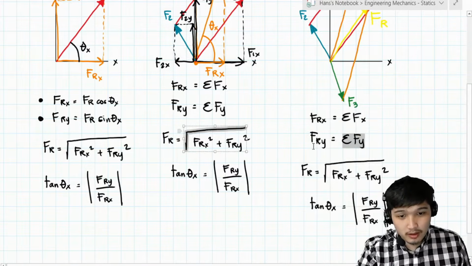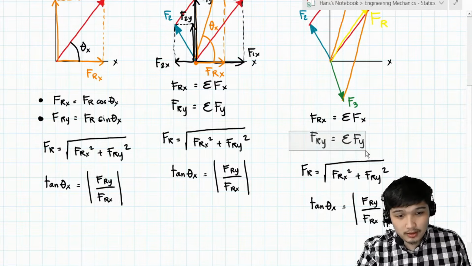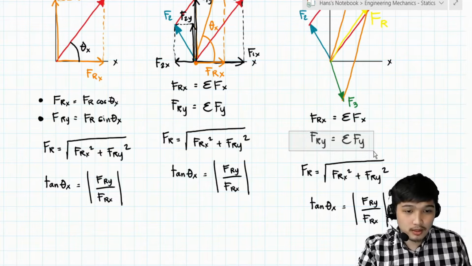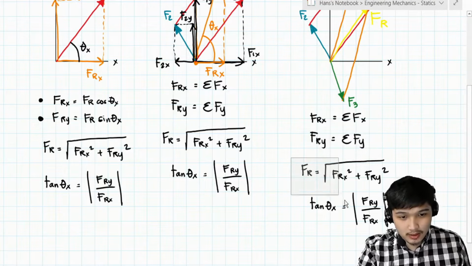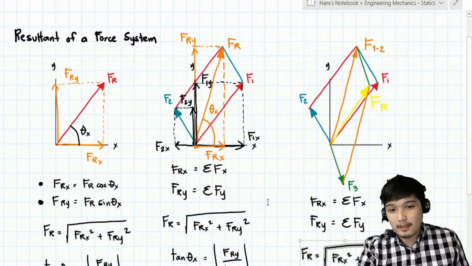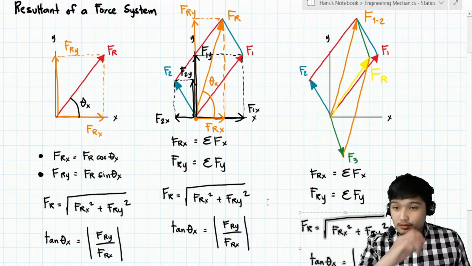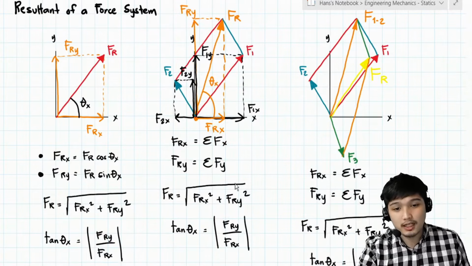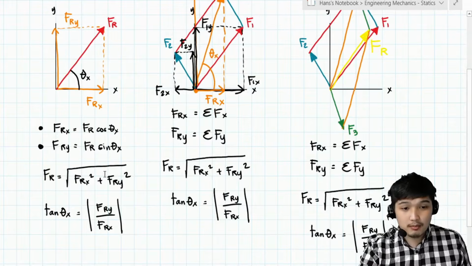The same with the vertical. So, yung vertical component ng resultant is just the summation of all forces along y, considering the direction, and then the same with this one, Pythagorean, and then tangent of theta. Okay? So, para mas ma-appreciate natin ito, proceed na tayo class dun sa ating sample problems.